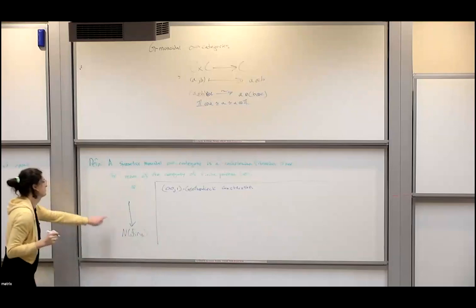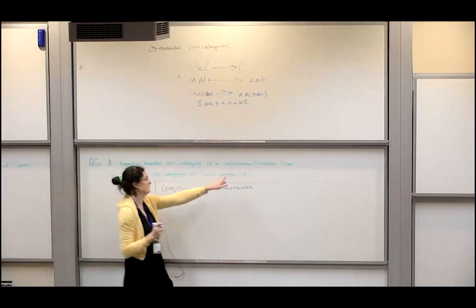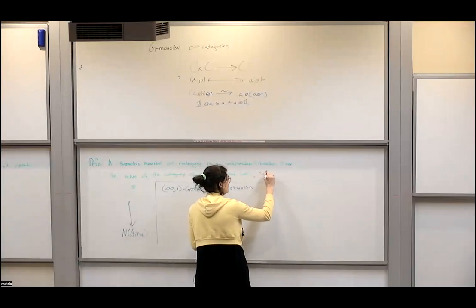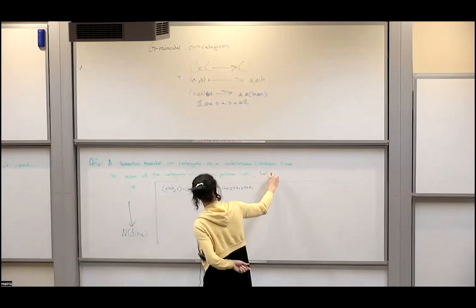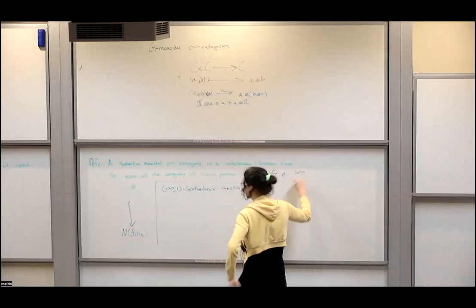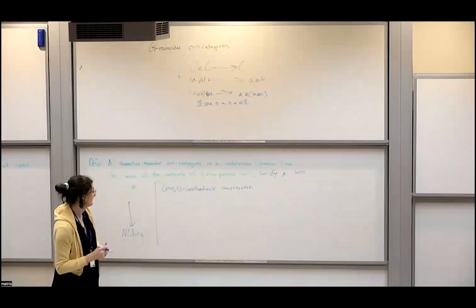Oh, you know what? I didn't finish this definition. It's more than just a co-Cartesian fibration over the nerve of finite pointed sets. It also needs to satisfy a Segal condition.